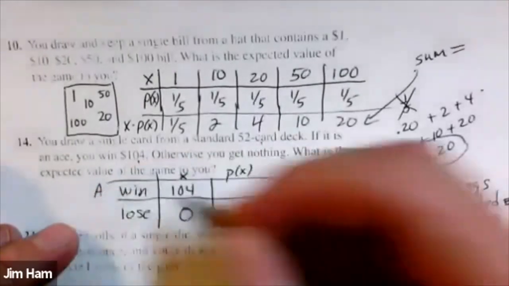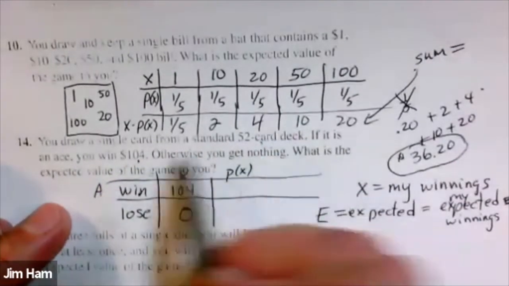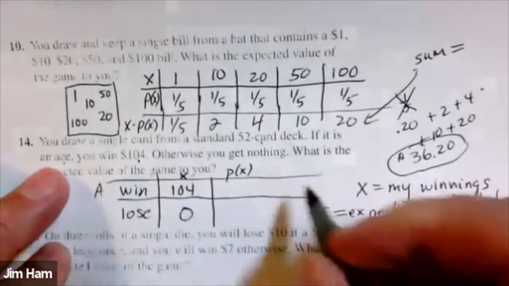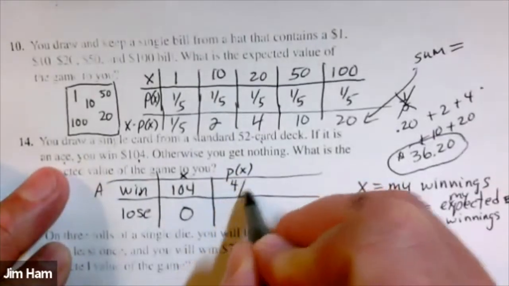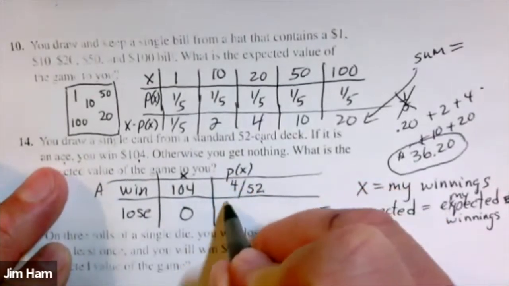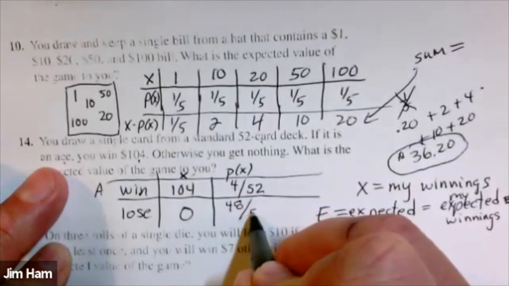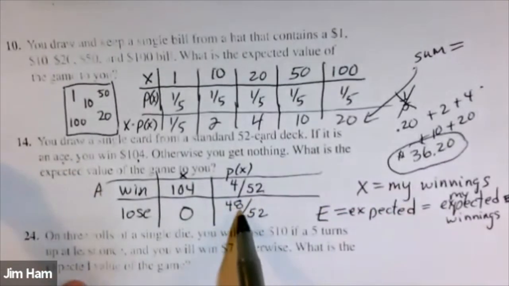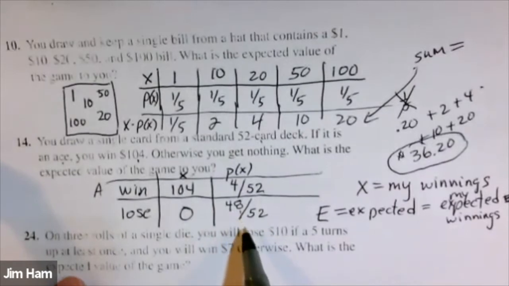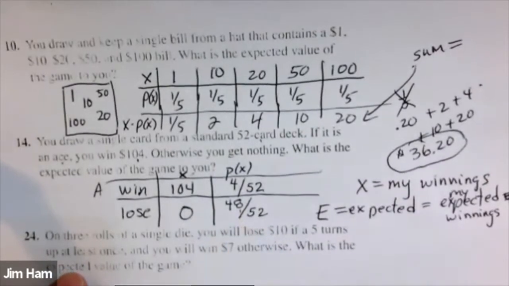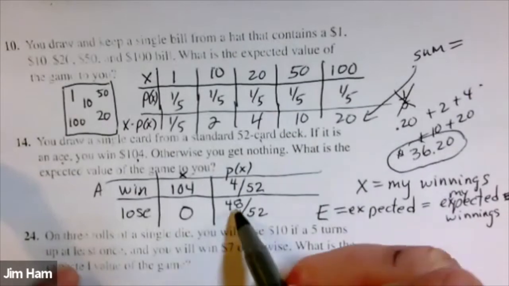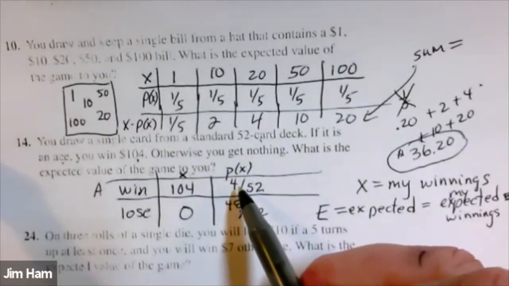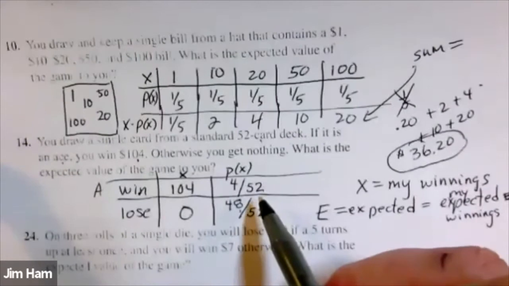You win if you draw an ace. So there are 4 aces in the deck out of 52 cards, and there are 48 non-aces out of 52. So you lose with a probability of 48 over 52, because that's how many non-aces there are in the deck. And the probability of winning is only 4 out of 52 because there are only 4 aces.